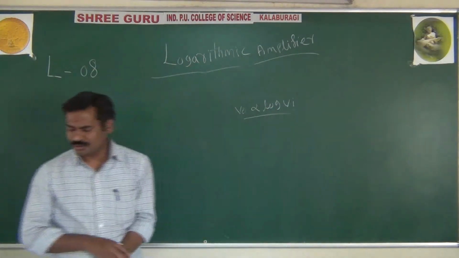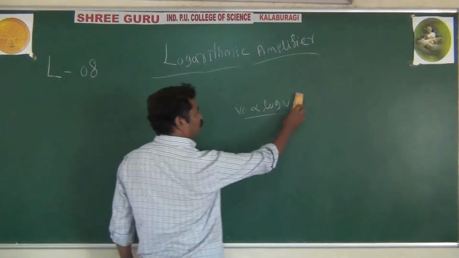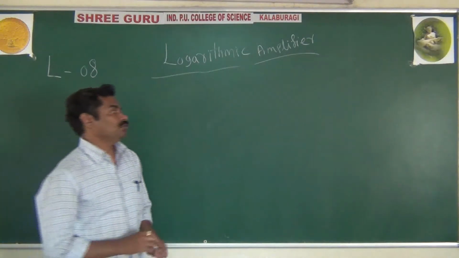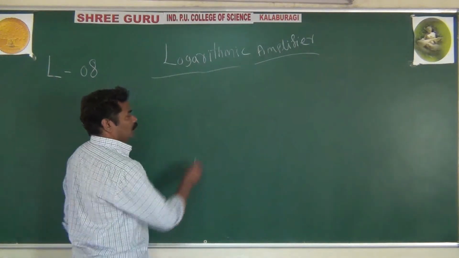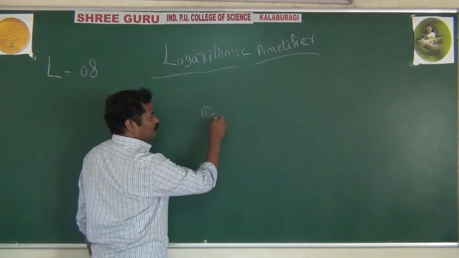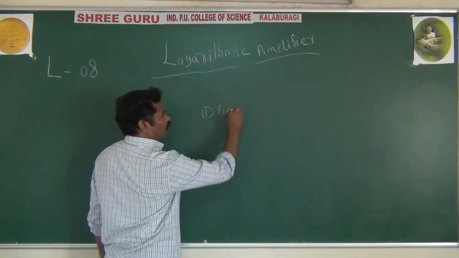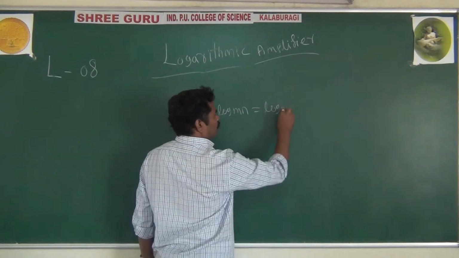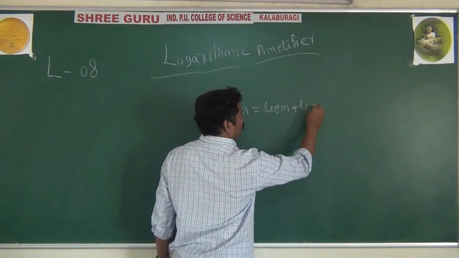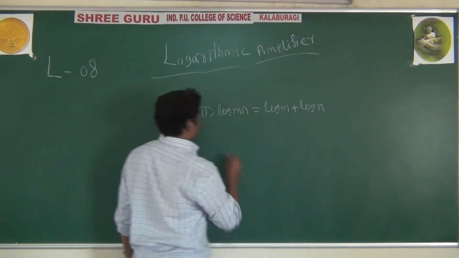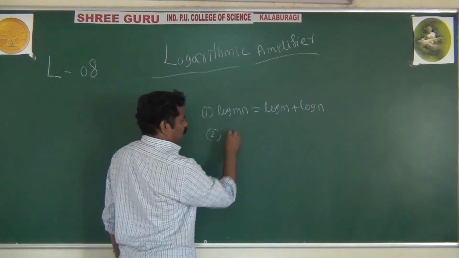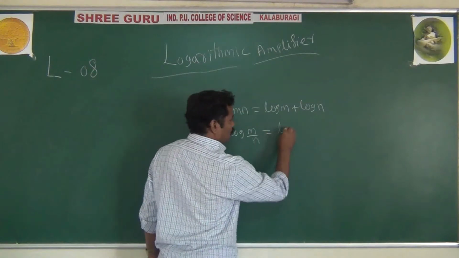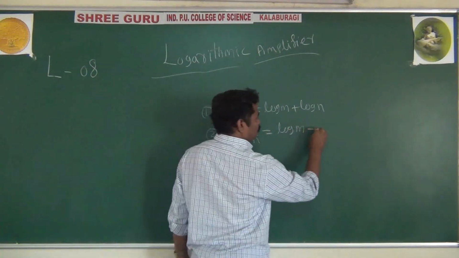And as we know, the basic concept of logarithms uses these rules. One is log of m into n, which is nothing but log m plus log n. Also log of m by n is log m minus log n.